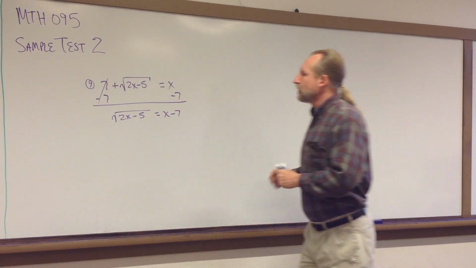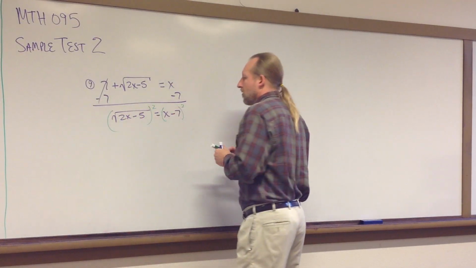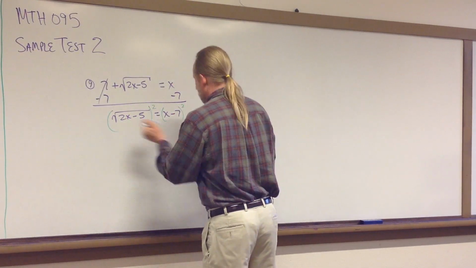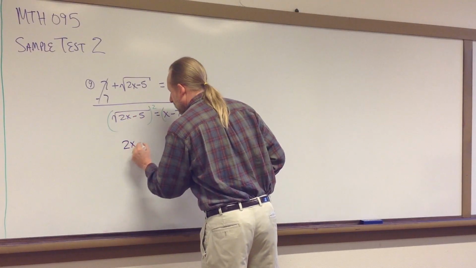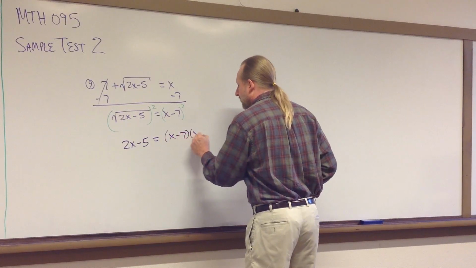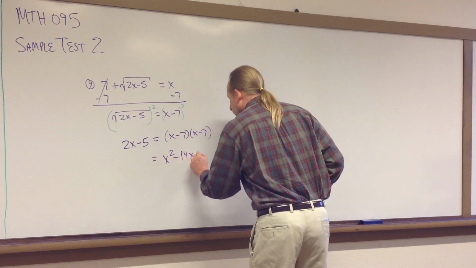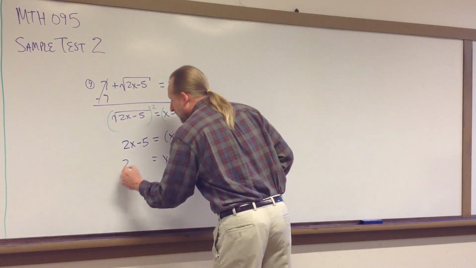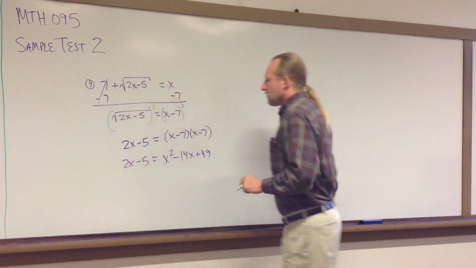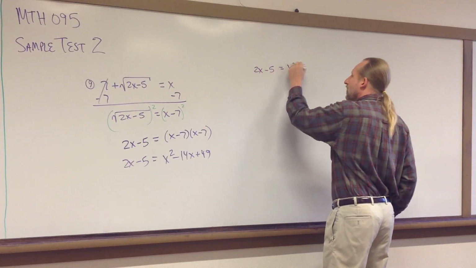And now we're going to square both sides. So this will just be 2x minus 5. Over here, x minus 7 times x minus 7 is going to be x squared minus 14x plus 49. So let me create some more space over here.